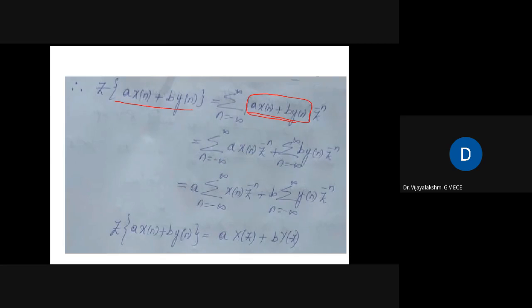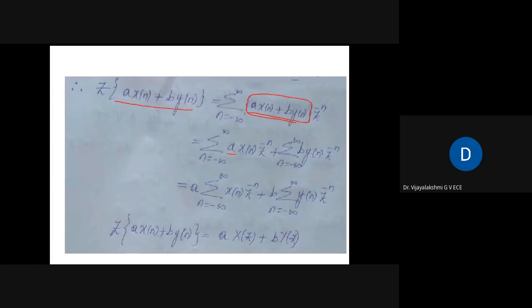Now I'll open this bracket. The sum has two components. So summation of n varying from minus infinity to plus infinity, a into x of n into z power minus n, plus the second quantity, summation of n varying from minus infinity to plus infinity, b into y of n into z power minus n.